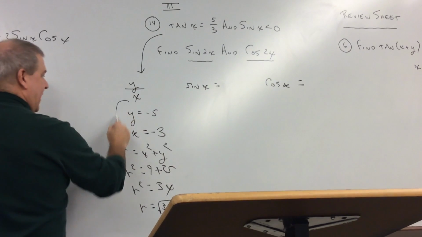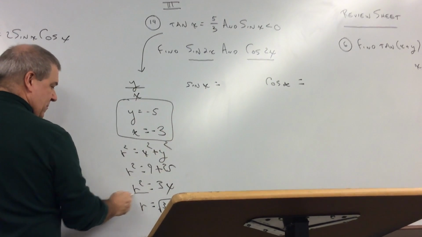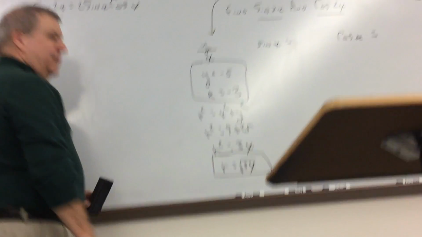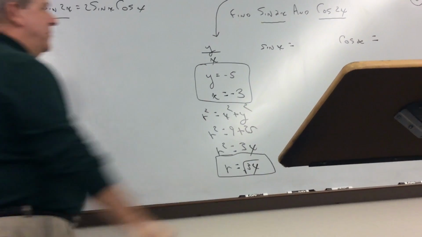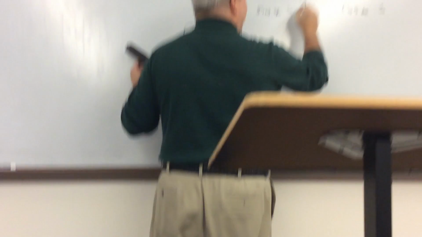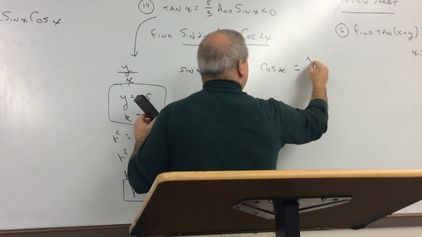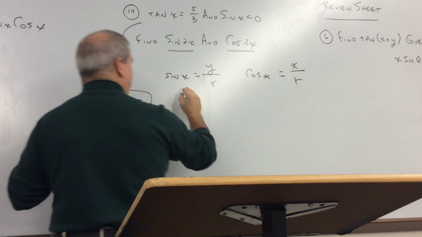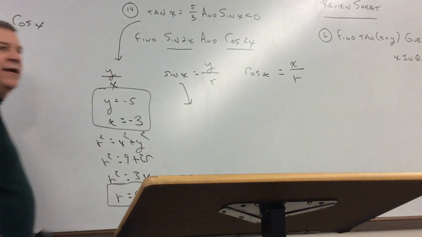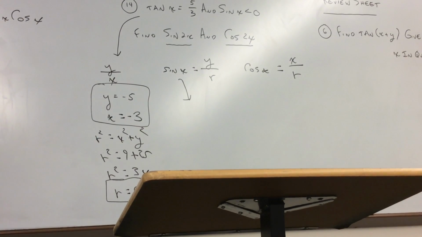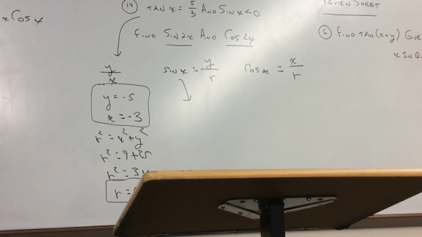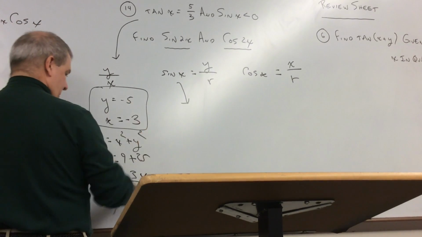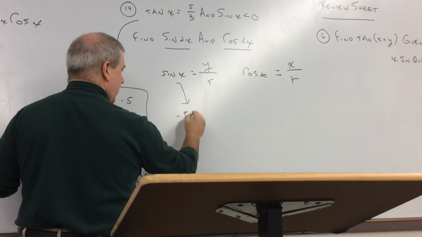Now, you understand. By knowing those, you can find any trig function you want, right? So, isn't sine y over r? Isn't cosine x over r? So, somebody, what's the sine of x? Plug them in. Howard: -5 over square root of 34.